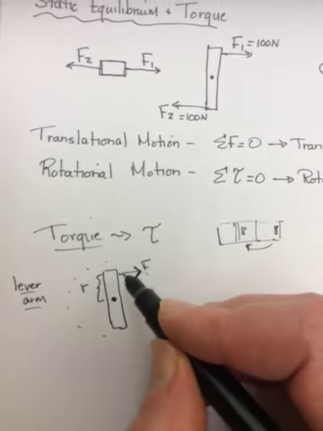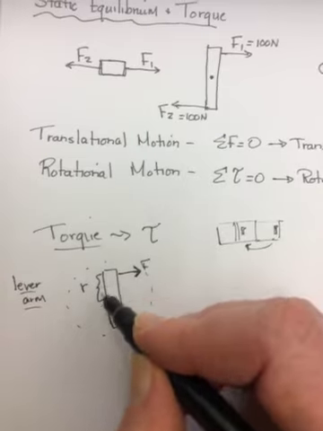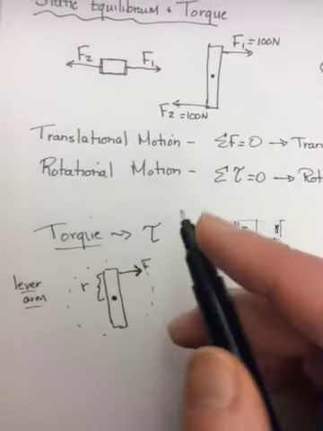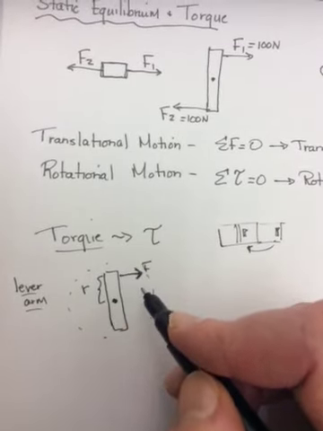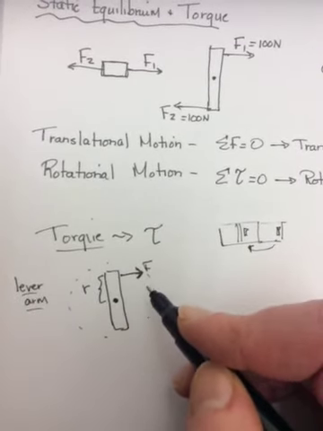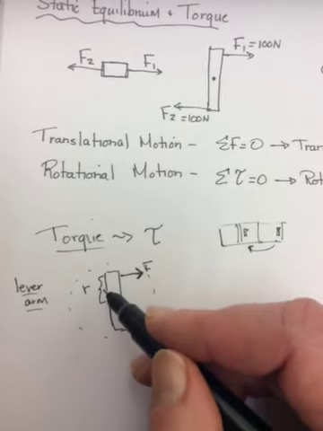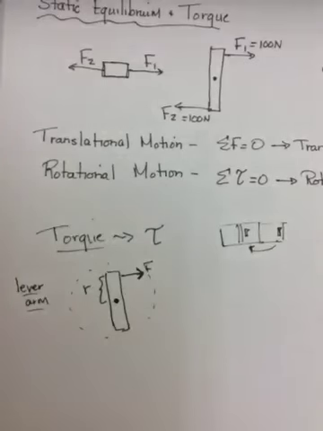Okay, so torque is dependent on both how big the force is and how big the lever arm is. Some of us are limited by how big of a force we can put on. We're limited by those bulging muscles in our arms. And so when that happens, we need to use our physics brain and say, I need a longer R.